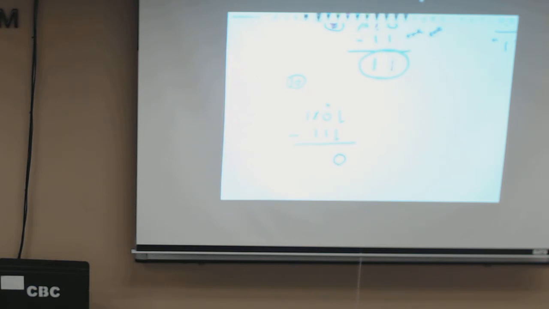When you look at the place values, 1 4 equals 2 2s. 1 8 equals 2 4s because it's base 2. So I just mark out this 1. It becomes a 0, and I put a 2 over here. So what's 2 minus 1? 1. 1 from 0, I can't do that.